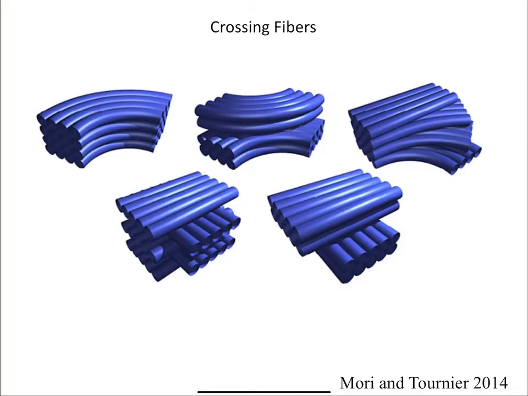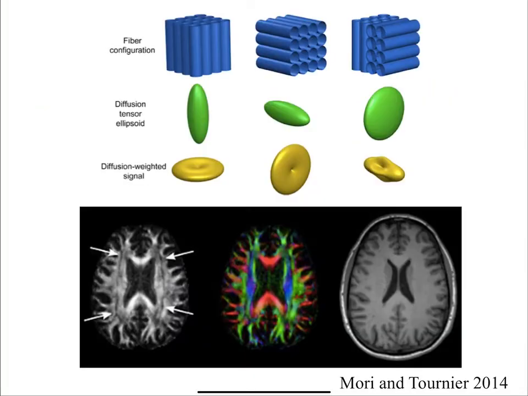So now we get into some of the downsides with tractography, and this is one of the reasons that has led to the more modern imaging protocols: the issue of crossing fibers. In the brain there's a lot of crossing fibers, and this is something that people have been trying to work on for quite a long time. So what's the problem with crossing fibers?